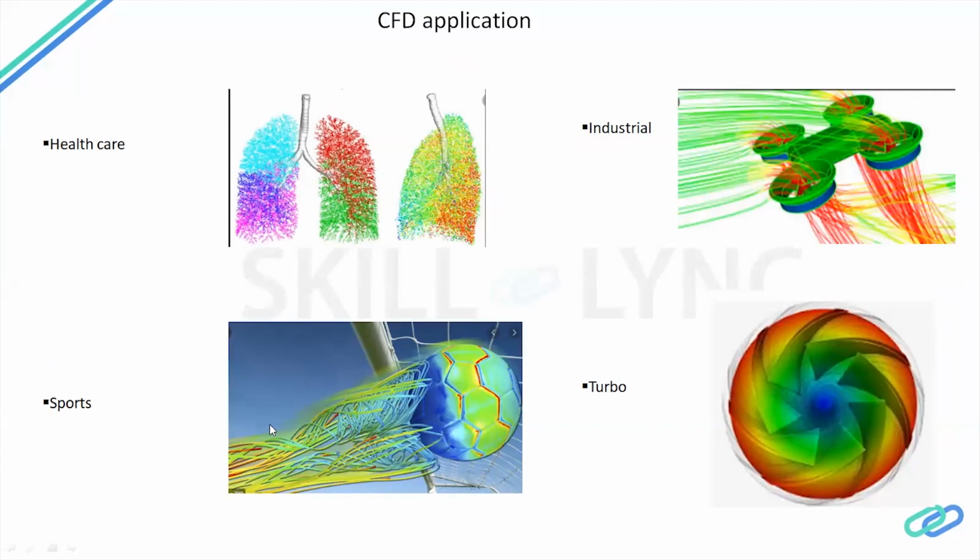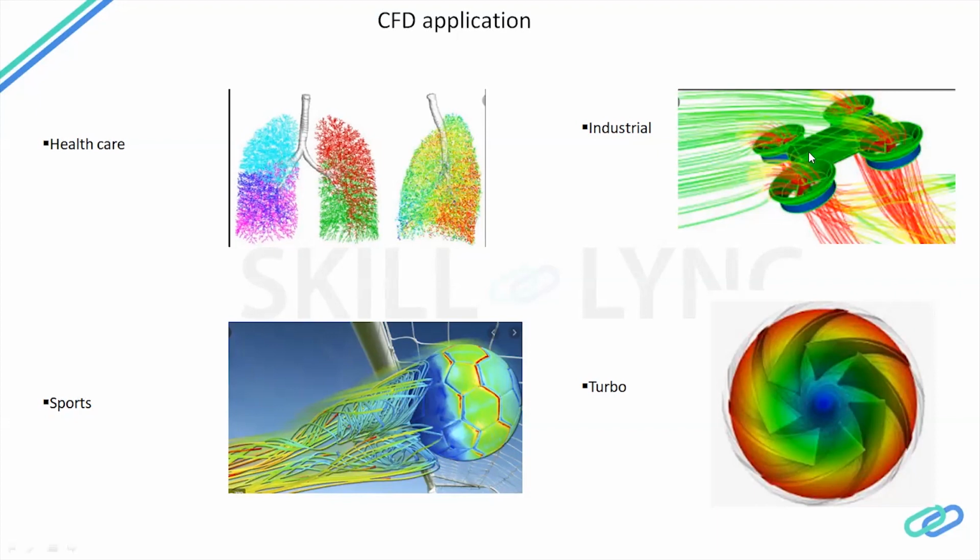Similarly, we can apply CFD to sports. This is like the football, and NASA predicted the CD of the football used recently in the last World Cup. So we can study the flow separation over the football in sports, or when a cyclist is pedaling the cycle at high speeds, how the flow is separating from the cyclist is also one part of the application we can see.